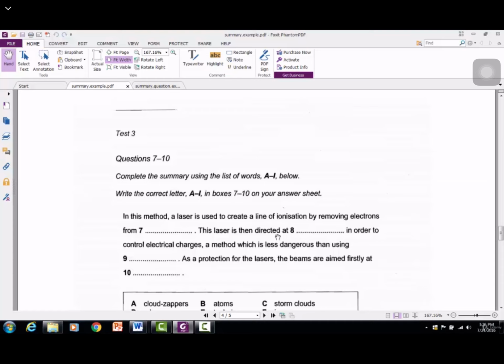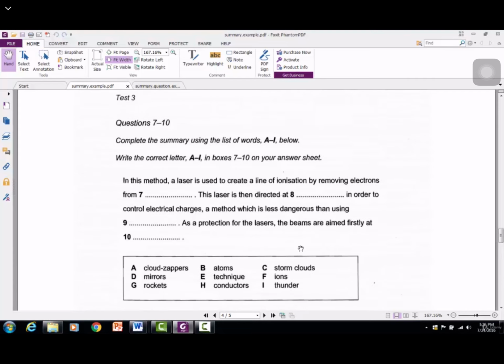Directed at, point a line towards, show a line towards, right? So we had our first answer, atoms, come from the first sentence. We had our next answer, storm clouds, come from the second sentence. And then for number 9, it's a method that's less dangerous than using. So we have to find language that means less dangerous than.